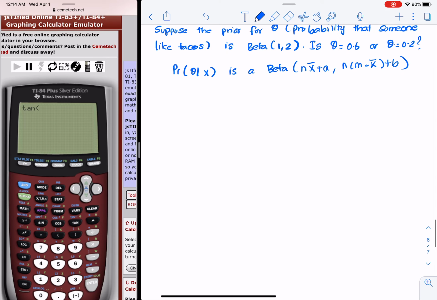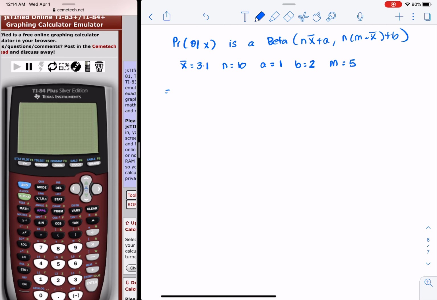So we simply plug in the values. We know x bar is 3.1. The number of observations we have is 10. The prior value for A is 1. The prior value for B is 2. And the number of individuals per group is 5.